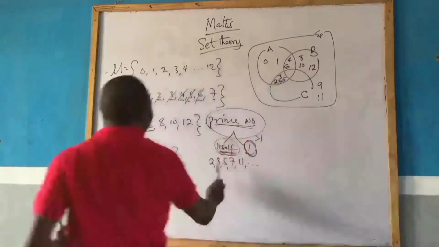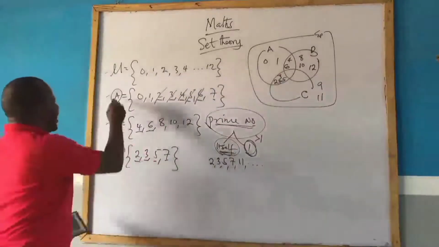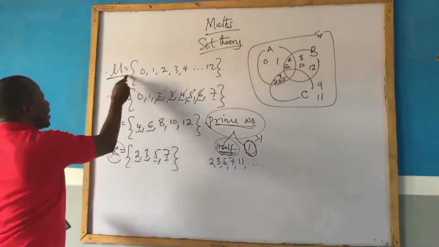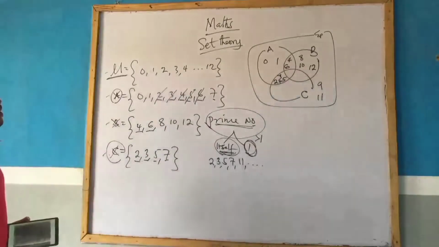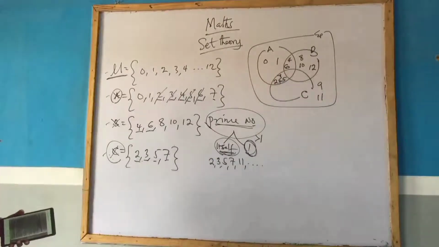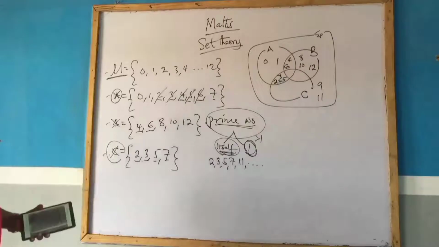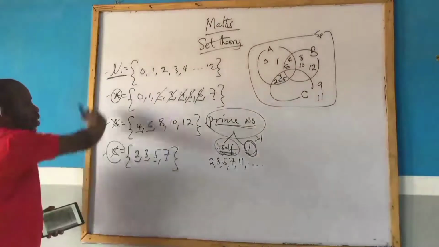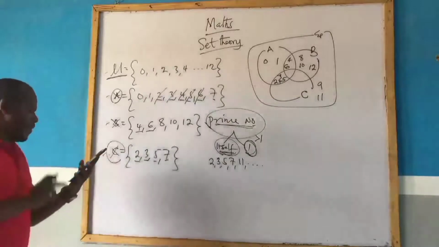So it means 9 and 11, they are not in A, not in B, not in C, but they are still part of the universal set. So this information now has been presented on a Venn diagram. This is the presentation of everything here on a Venn diagram.